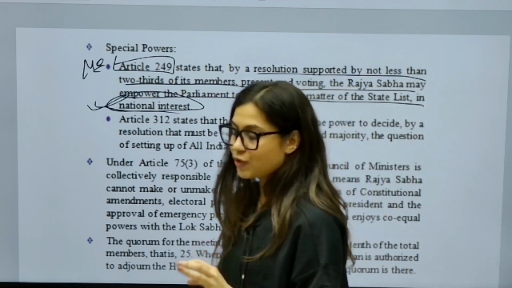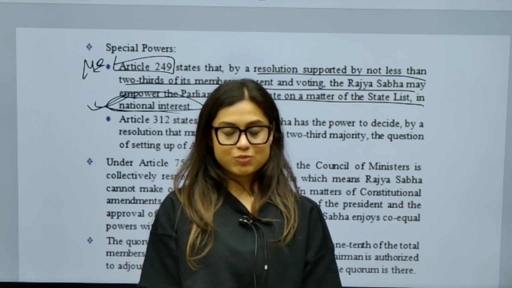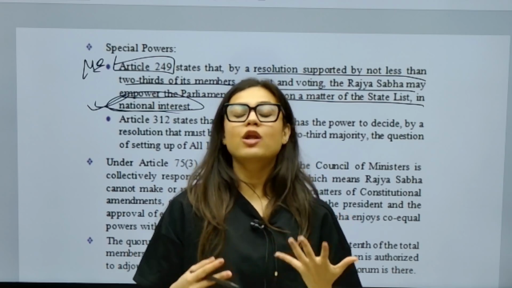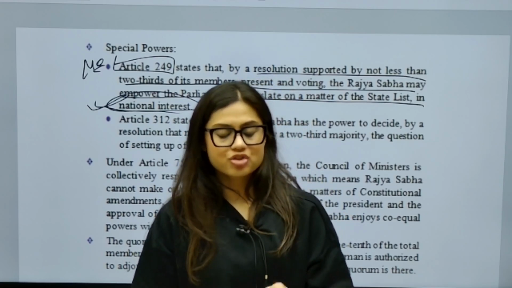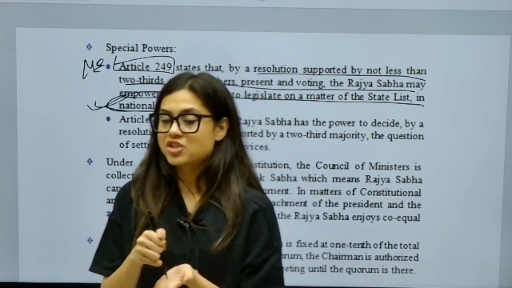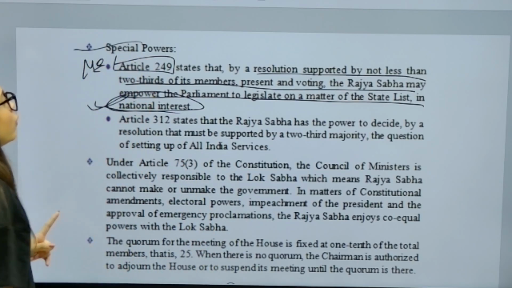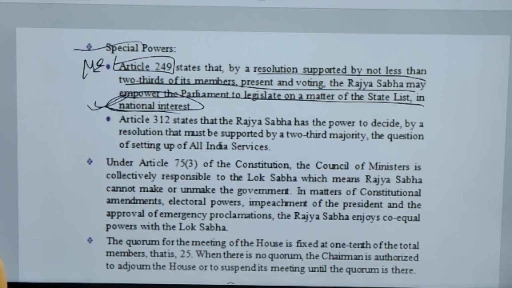If any subject, for example agriculture, is a state subject, and they want to make laws about agriculture which require national interest, that power is given only to Rajya Sabha using Article 249.